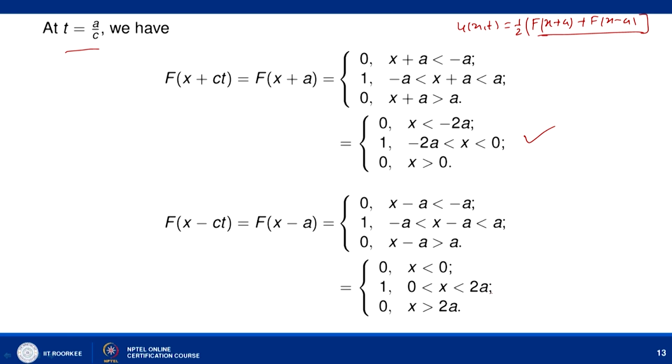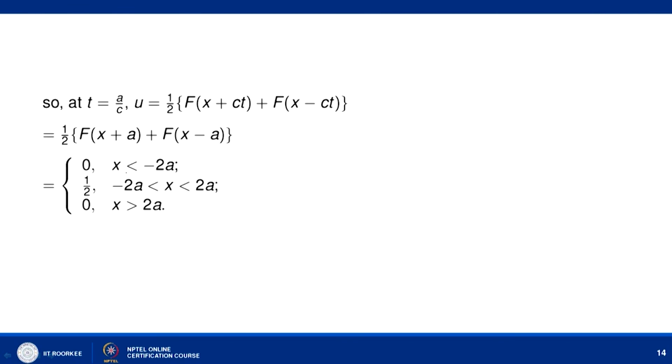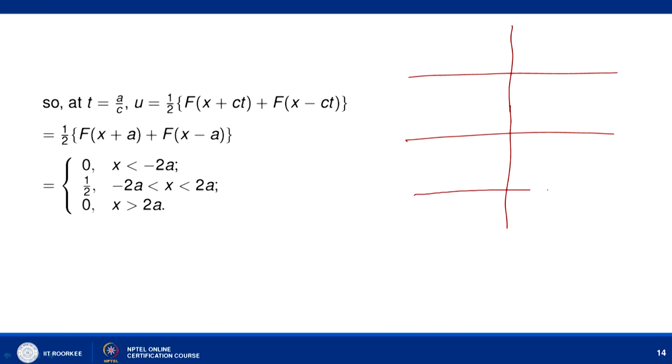Similarly, f of x minus a also, and then we can write u x t: it is 0 when x is less than minus 2a, and 1 by 2 when minus 2a to a, and 0 otherwise. So, let me again repeat the same thing. Here it is t equal to 0, t equal to a by 2c, and t equal to a by c.